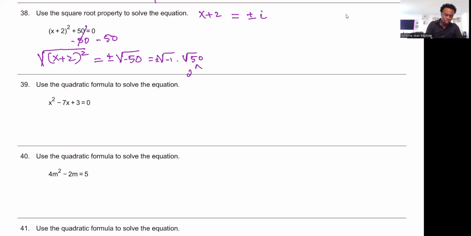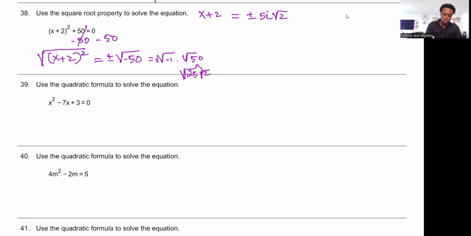And 50 is 25 times 2. So the square root of 25 is 5, and the square root of 2 is a decimal, so I'm going to leave it as the square root of 2. So 5i square root of 2 is this.